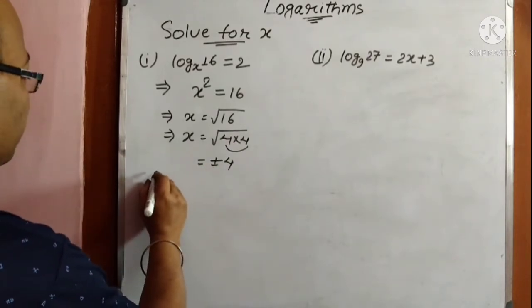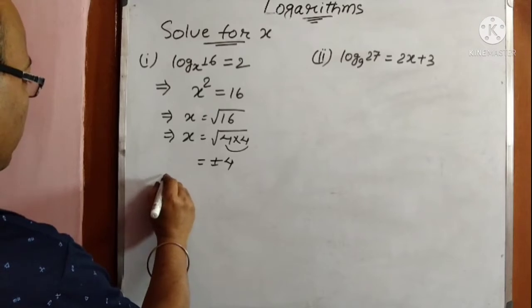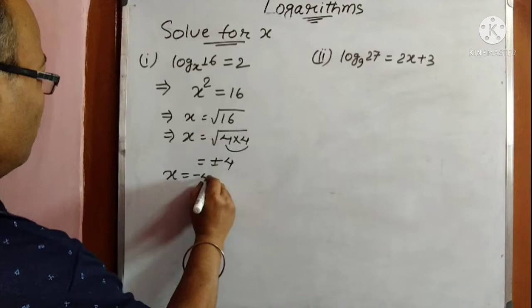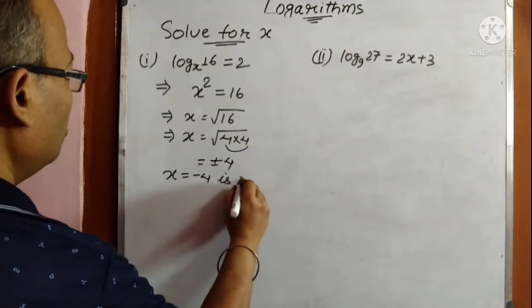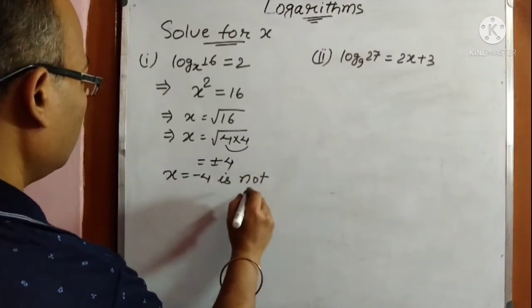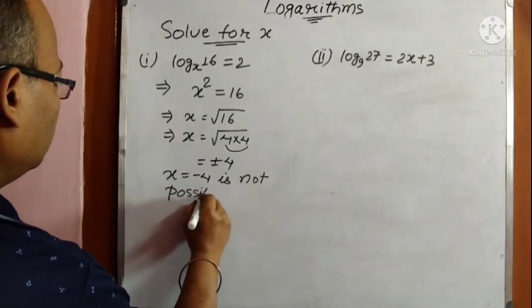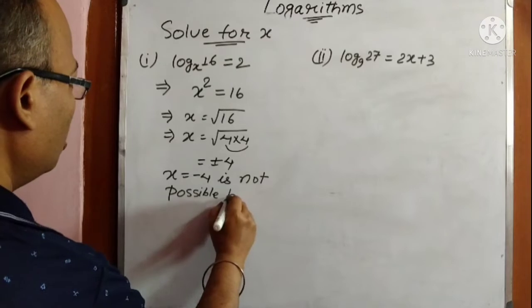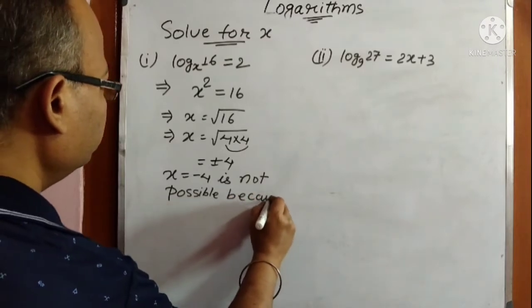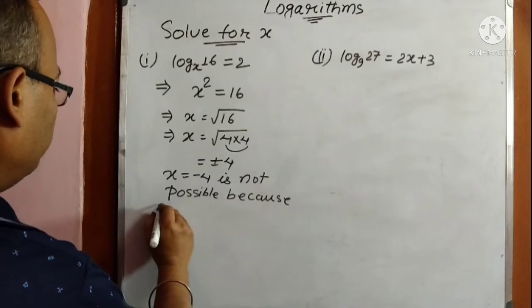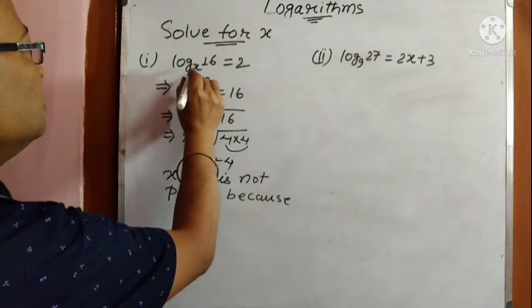So here we will write x equal to minus 4 is not possible, because remember, in log, base cannot be negative. x is the base over here.